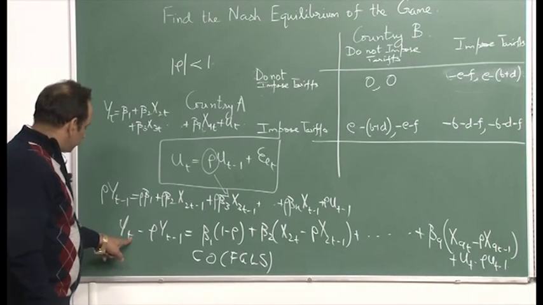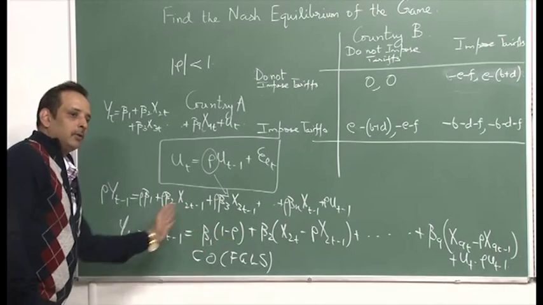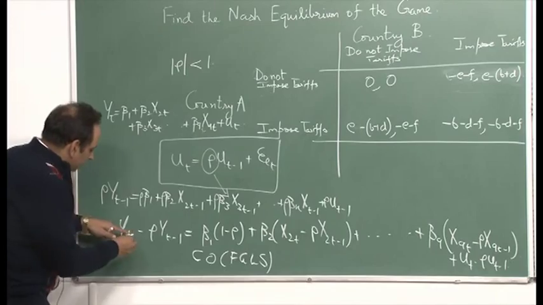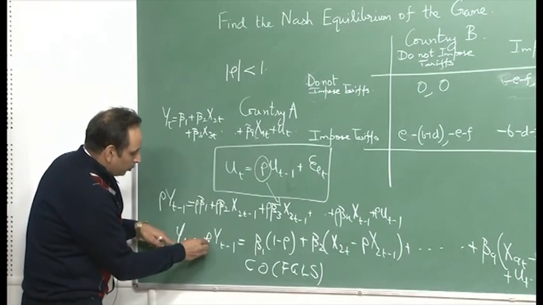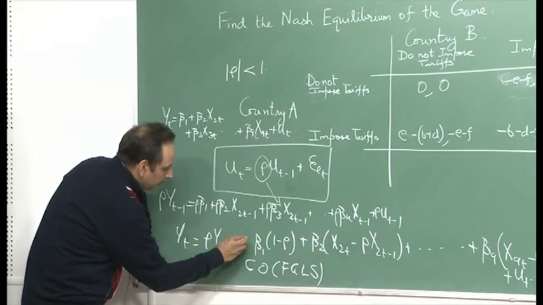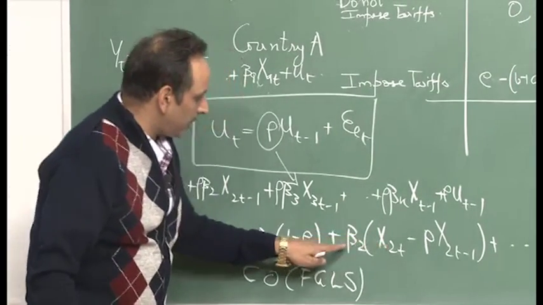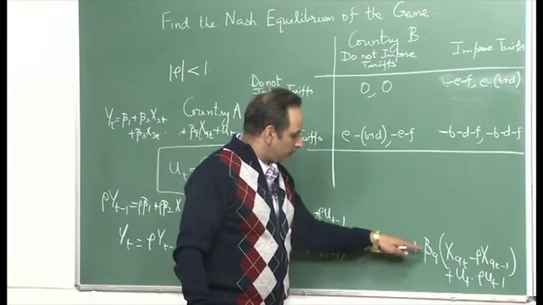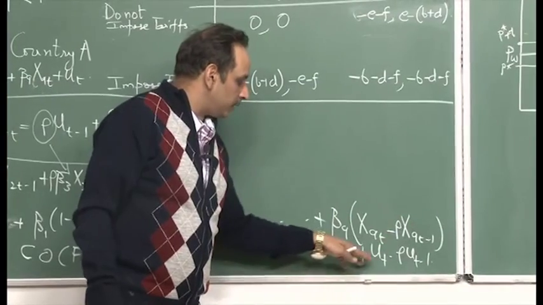What is nonlinear least squares? If you had taken this on the right hand side, you would get yt is equal to rho yt minus 1 plus b1 (1 minus rho) plus b2 x2t minus b2 rho x2t minus 1 plus so on, plus beta 9 x9t minus beta 9 rho x9t minus 1 plus the error term.